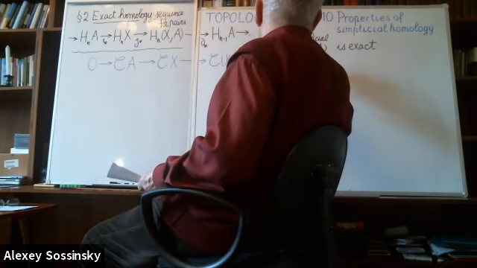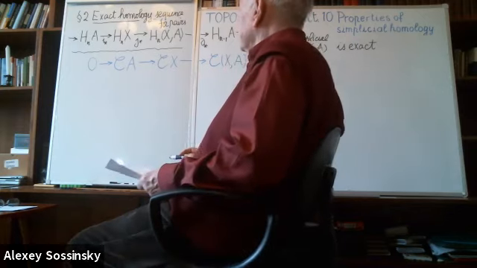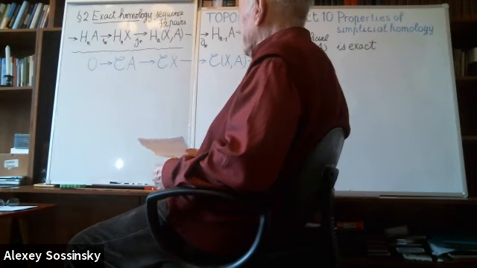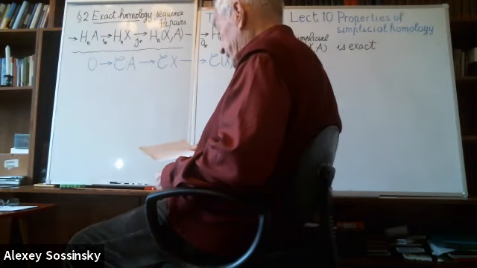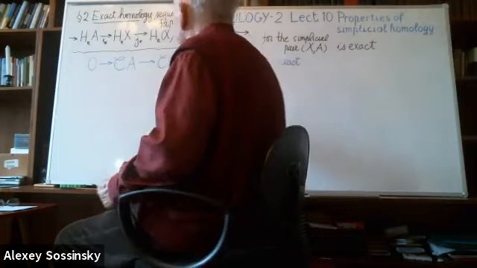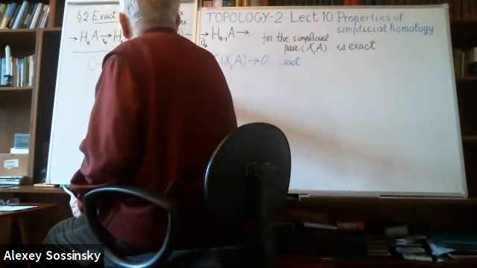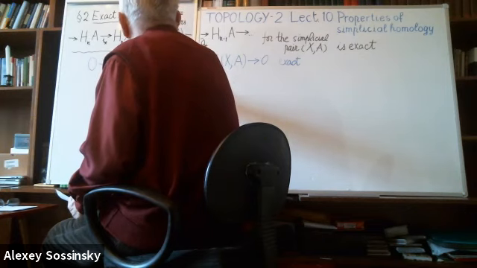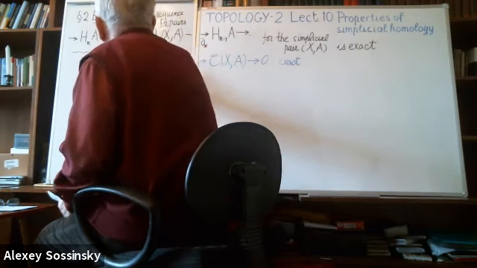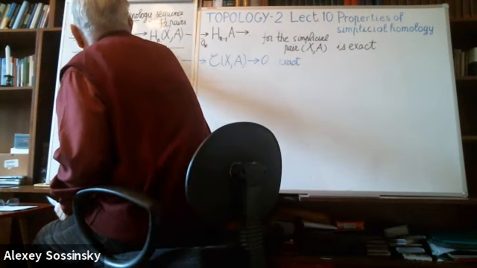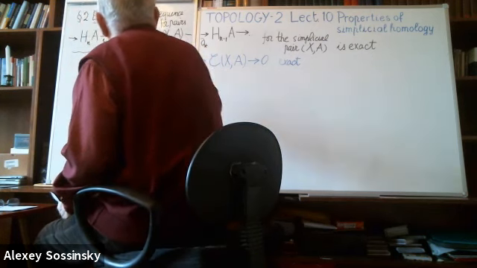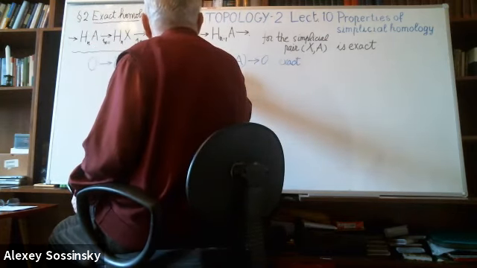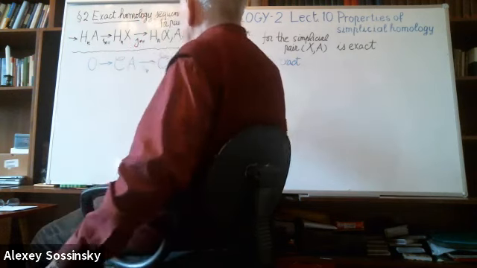Now we apply the short exact sequence. Here we have something which we call i star, and a second star here, j star, so it's not confused, they are not the same. They are defined as follows.